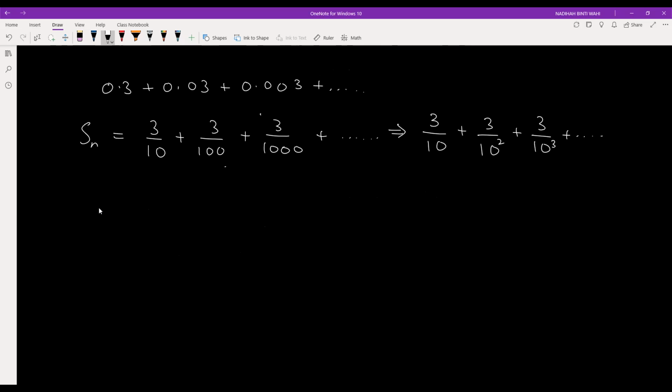Sn is the summation of this infinite series: 3/10 plus and so on, plus 3/10 to the power of n. So that is my formula.